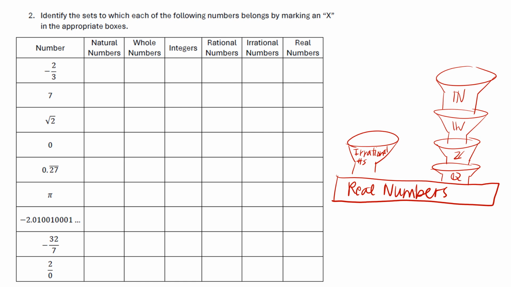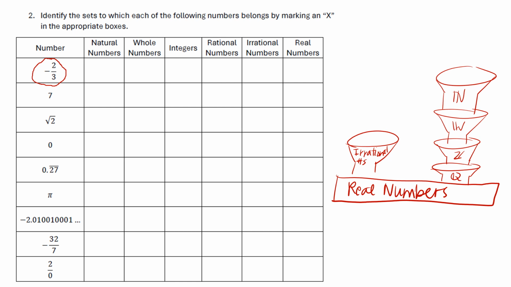Okay, so whenever you look at a number, for example, let's say we're looking at the number -2/3, you're going to determine which set that number belongs in. I know that that is an integer over an integer, so I know it's a rational number.